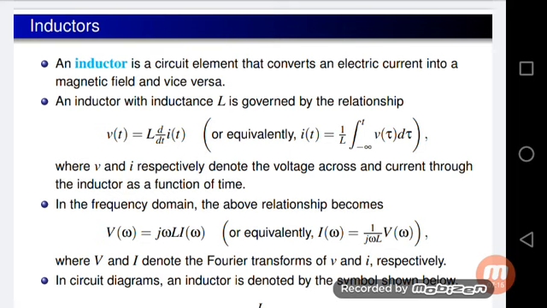An inductor is a circuit element that converts an electric current into a magnetic field.